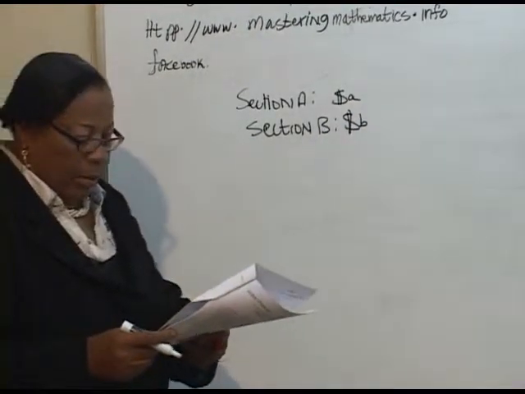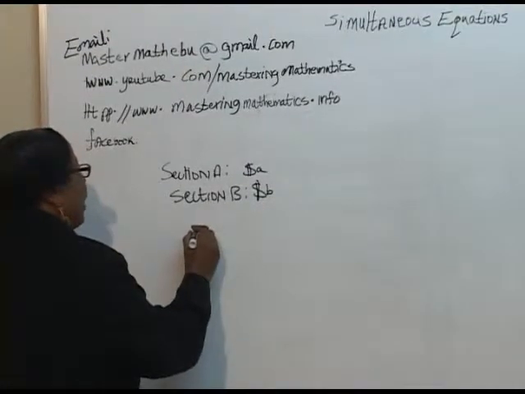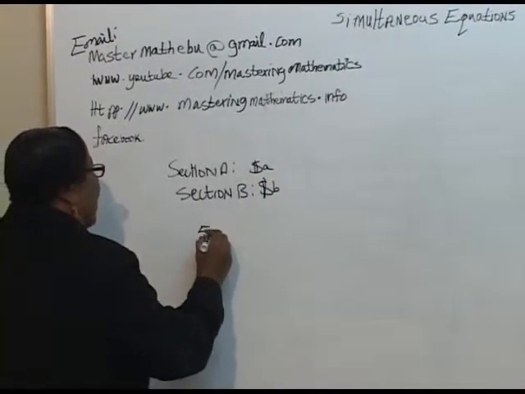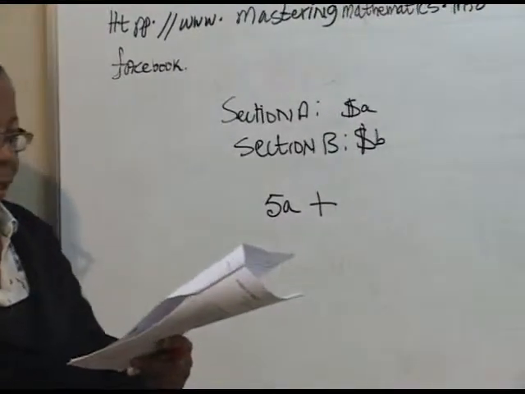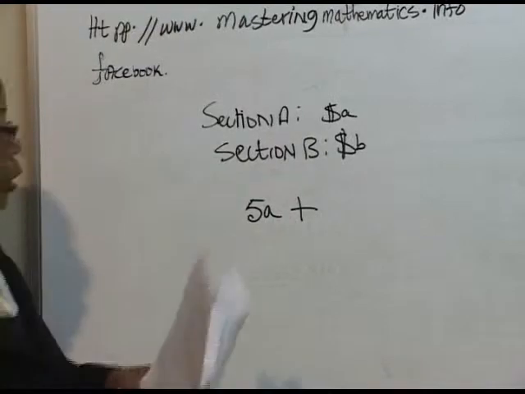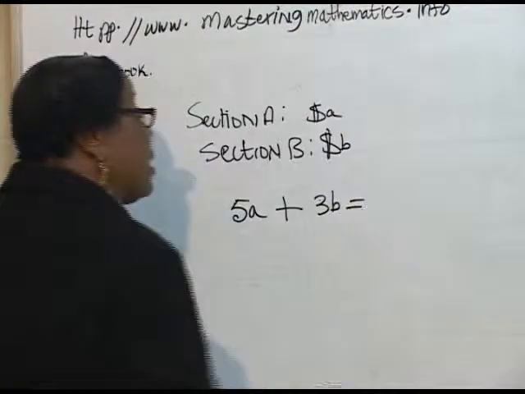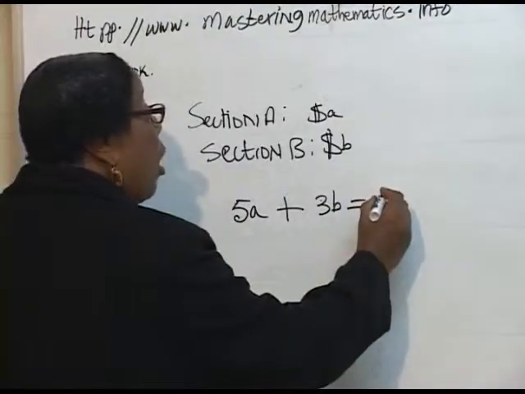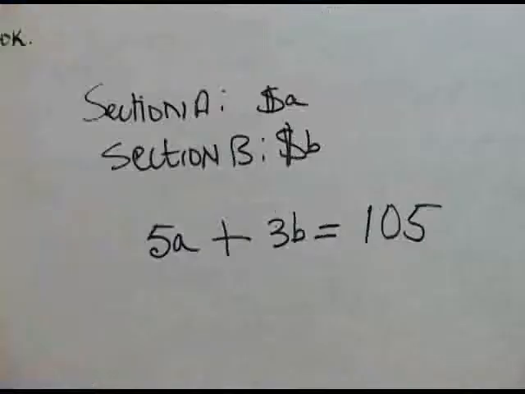Now, so our people, Johanna paid $105 for 5 Section A tickets. So that means she paid 5A plus, and what is it now? 3 Section B tickets would be 3B. And how much did we say they cost? A total of 105. We're just leaving off the dollar signs.